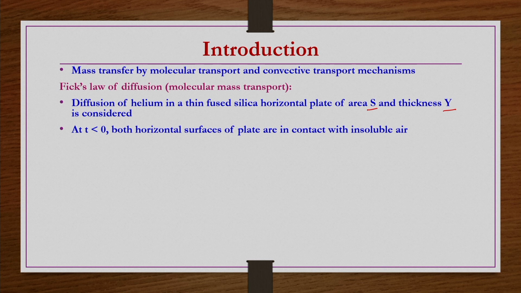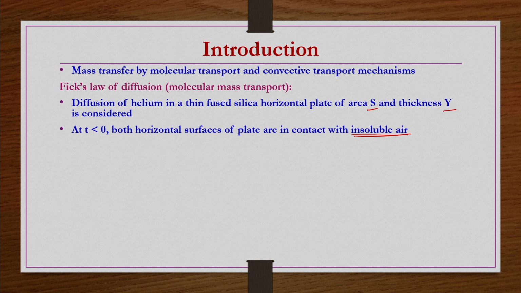We have a fused silica horizontal plate. Both the top and bottom horizontal surfaces of this fused silica plate are in contact with air, and air is insoluble in this fused silica, so that it is not going to interfere in the diffusion process of helium penetrating through the fused silica, because helium is soluble in silica, but air is not soluble.